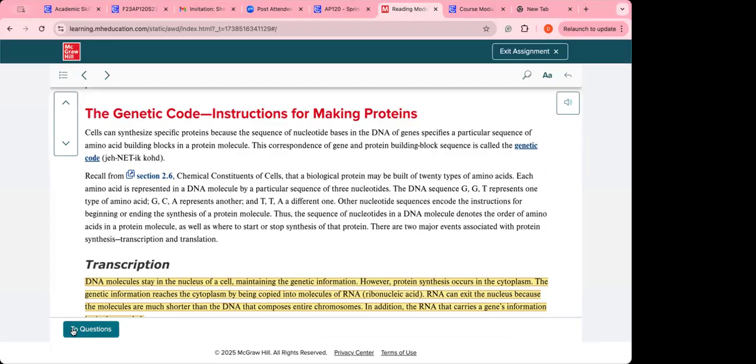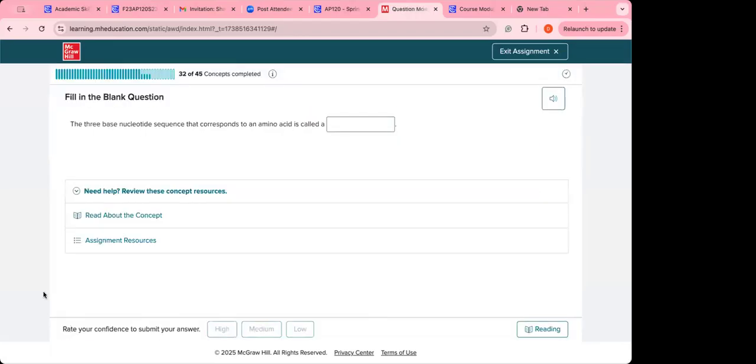Or do they need us to be more specific than that? Oh, they need the word for that 3 base nucleotide sequence.